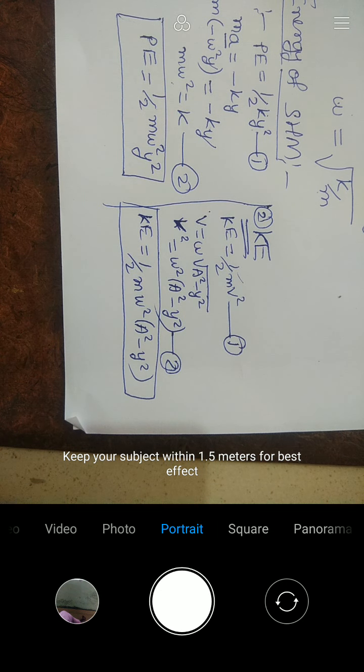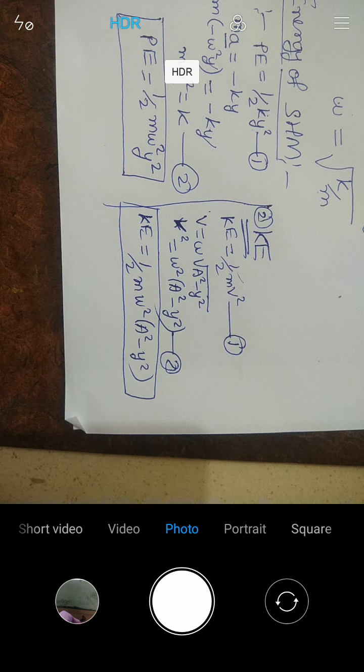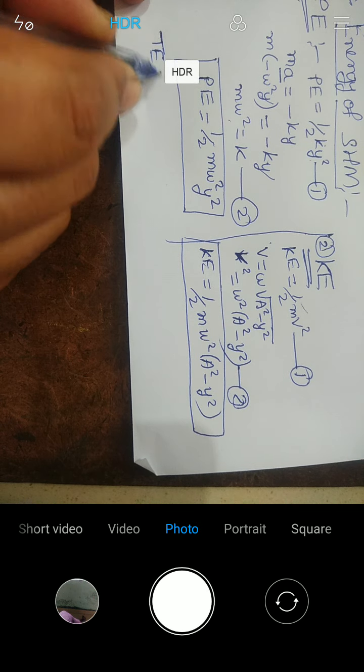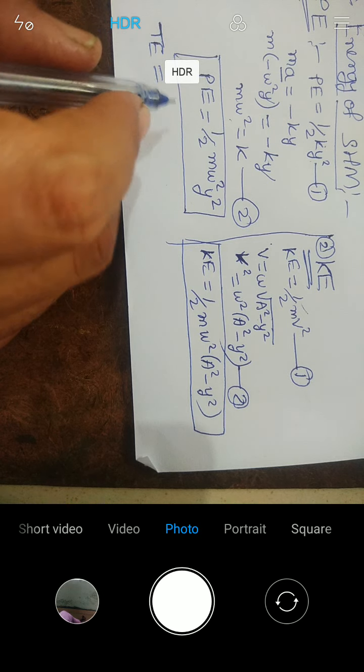Then after that, you take the total energy. The total energy is equal to kinetic energy plus potential energy.